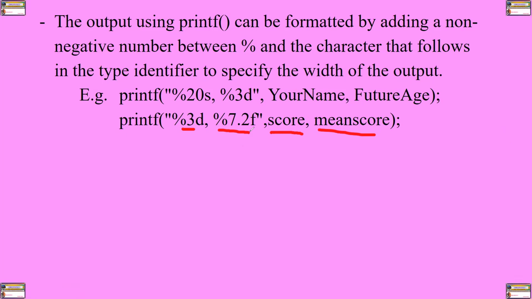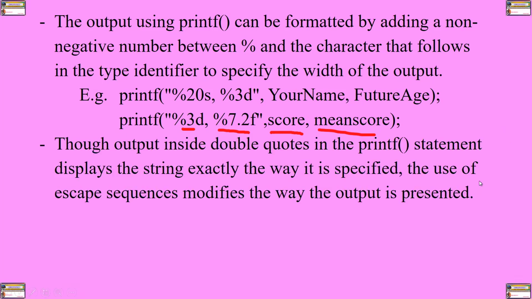And for the fractional part, they should not exceed 2 digits. So, my dear students and the rest of the learners, it's important for you to know how to format your output because that will make your numbers or your output more readable.